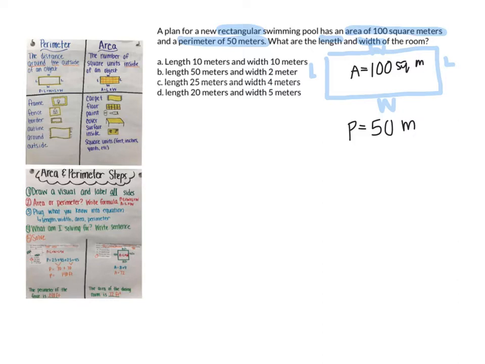We are solving for our length and our width. So our answer choices give us all different possibilities for our dimensions. So this is going to be one of those problems where we have to solve each answer choice to see which one fits to get an area of 100 square meters and a perimeter of 50 meters. First thing we're going to do is split up our workspace.